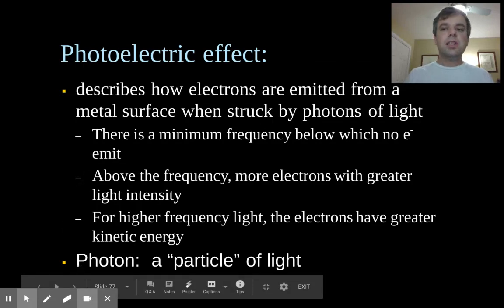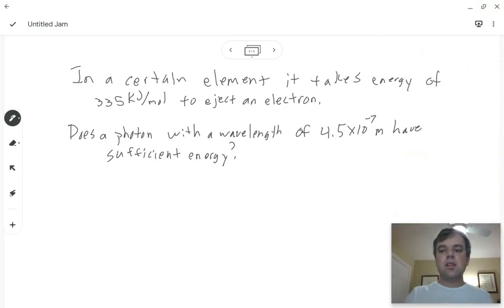What they would ask you is something like this problem, where it says in a certain element, it takes energy of 335 kilojoules per mole to eject an electron. Does a photon with a wavelength of 4.5 times 10 to the -7th meters have sufficient energy? So we need to do a little bit of math.